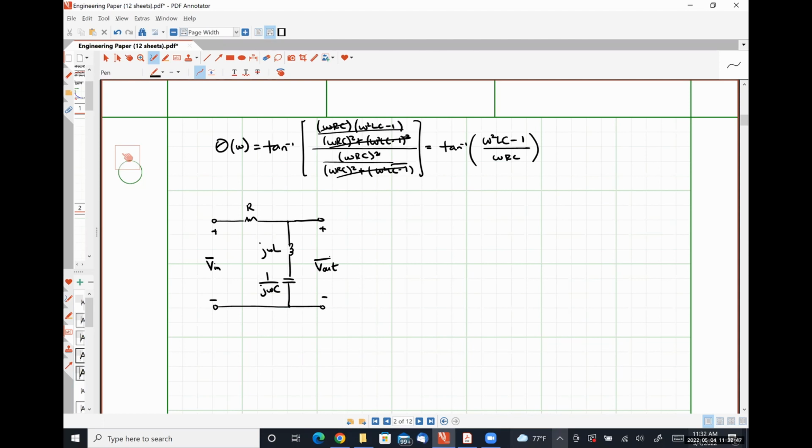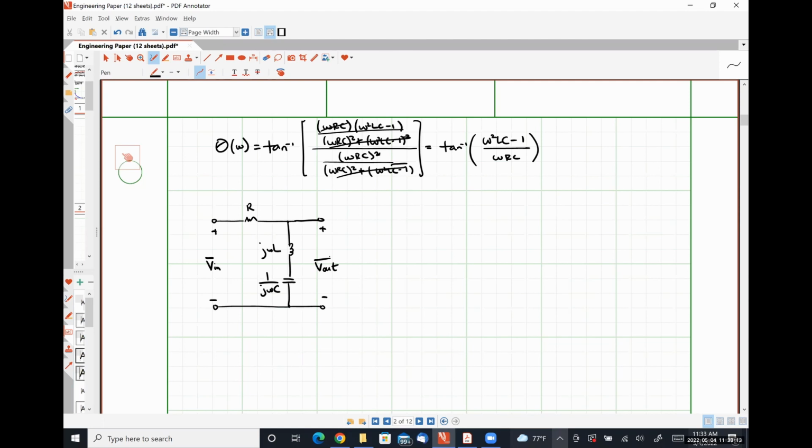So when we had an RL circuit, what happened when we took the voltage drop over the inductor? We got a high pass filter. When we had an RC circuit, what happened when we took the voltage drop over the capacitor? We had a low pass filter.